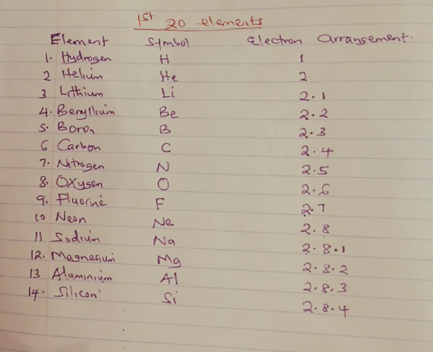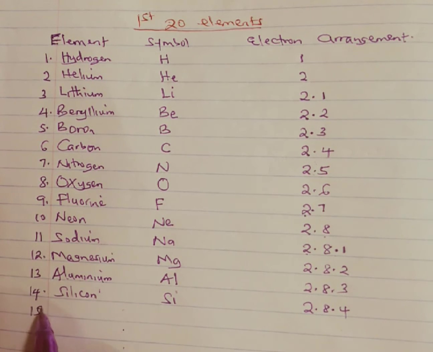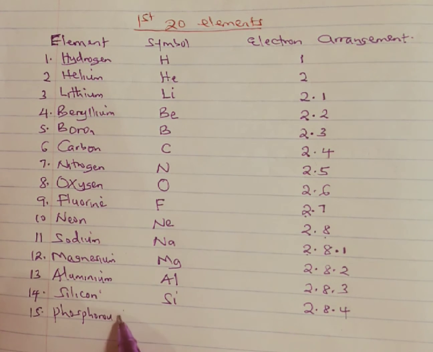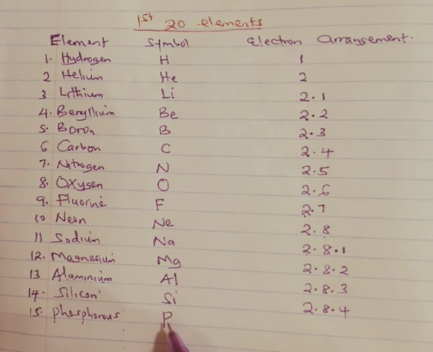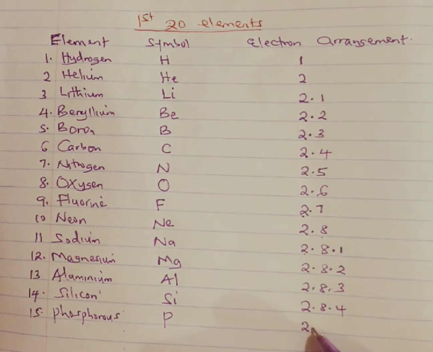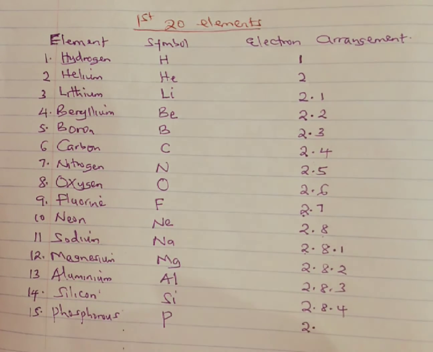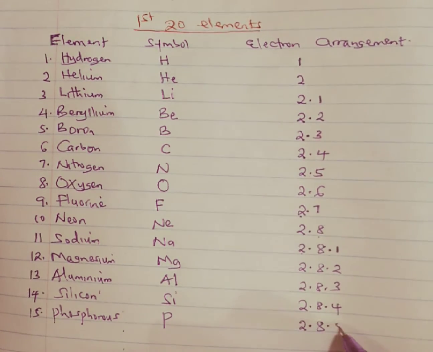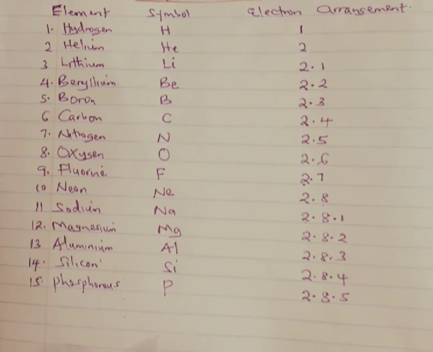The remaining 4 electrons go to the third energy level. Number 15 is phosphorus. The chemical symbol for phosphorus is P. Since it has 15 electrons, the first 2 go to the first energy level, then the second a maximum of 8. The remaining 5 will occupy the third energy level.